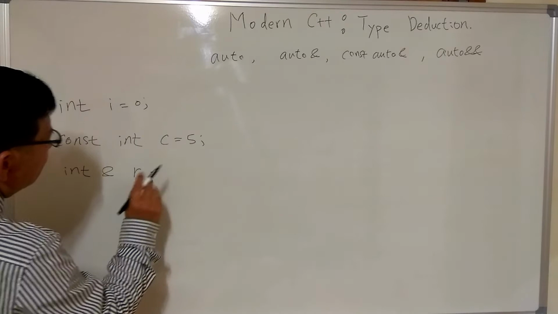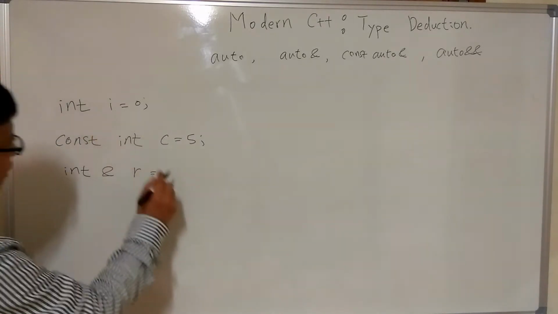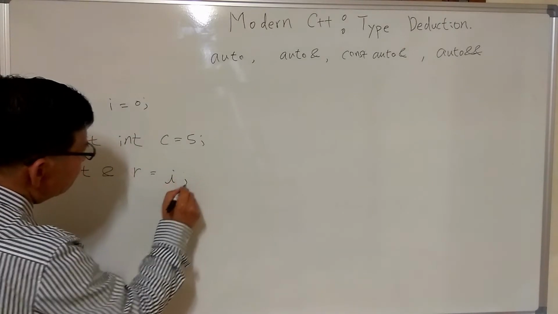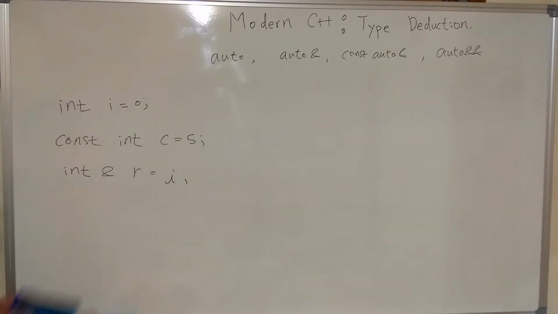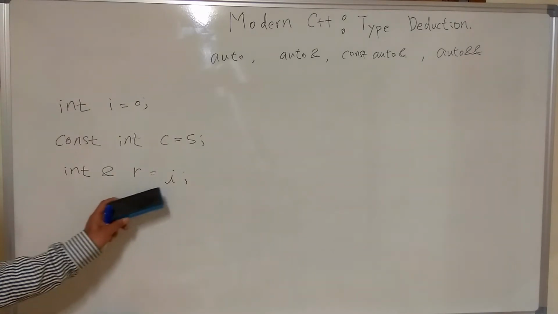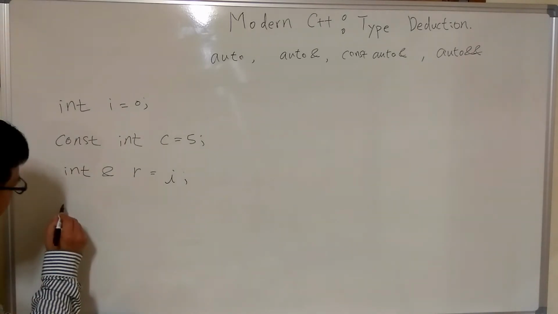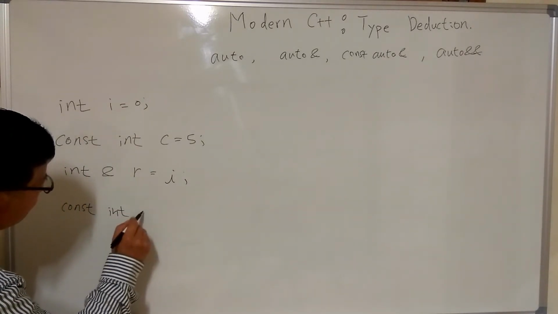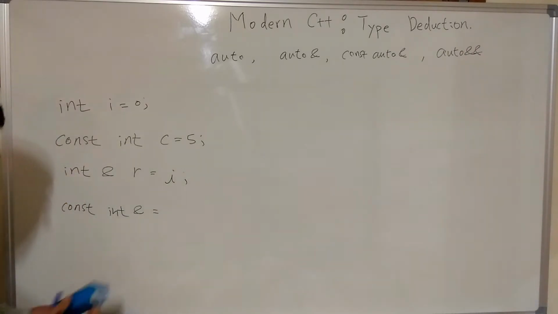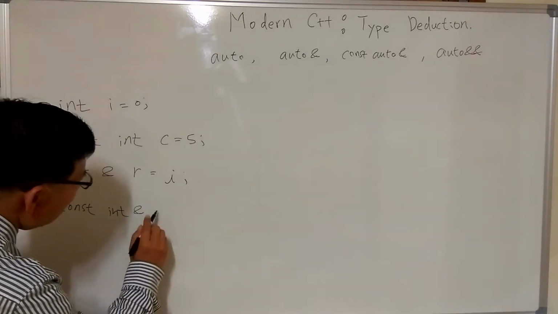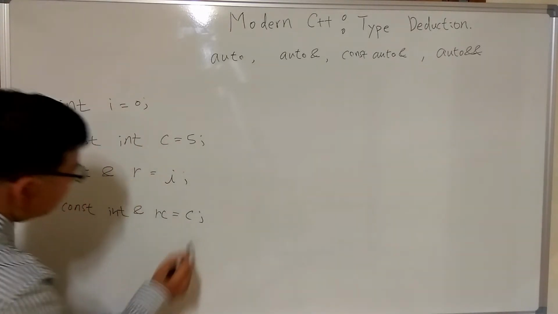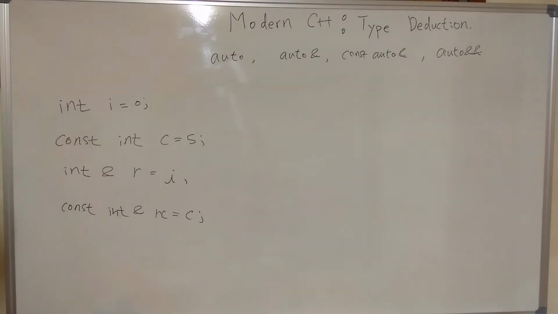I would say R, and a reference should be initialized, so reference R is initialized with I. And I will say const int reference RC, which I will initialize with C. Now I will talk about this first.